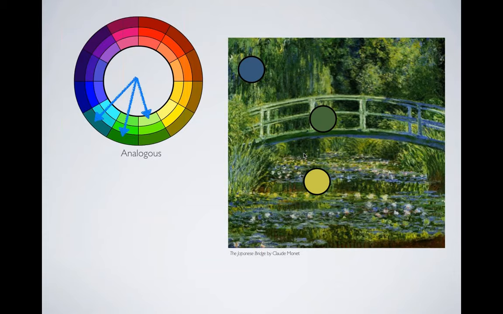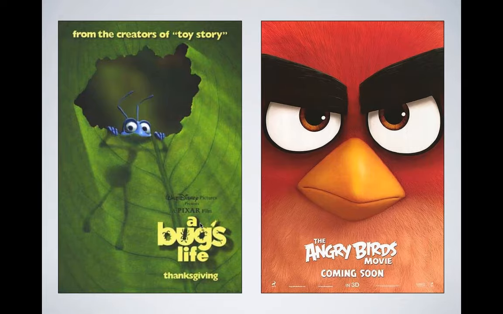And here's an example of cool analogous colors, greens and blues, moving into the yellow greens. Almost the same color scheme as the Monet painting here in the A Bug's Life movie poster. So it's fun, it's upbeat, but it's obviously not meant to be a blockbuster action film.